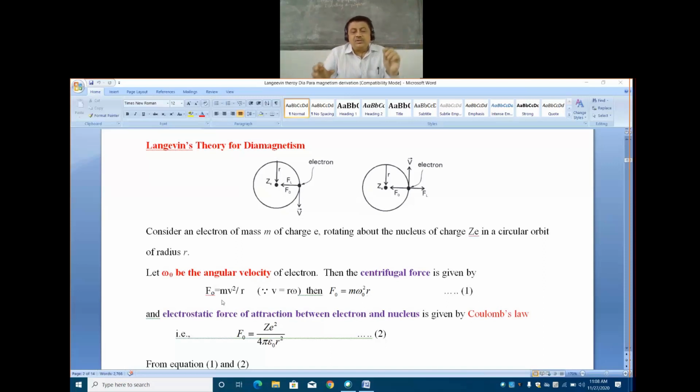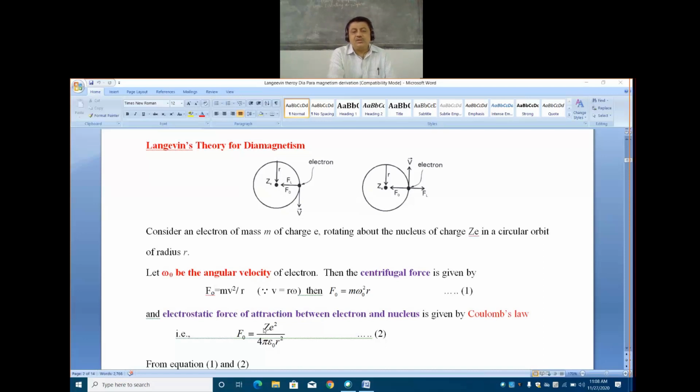And these being two objects, the nucleus and the electron, they are charged objects. They experience an electrostatic force of attraction between electron and nucleus, which is Coulomb's law, and therefore this can also be written as Ze square.